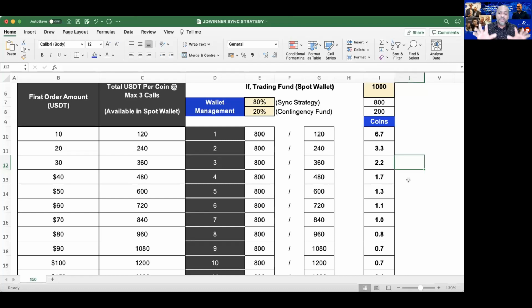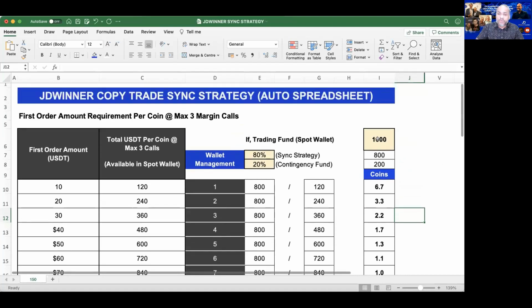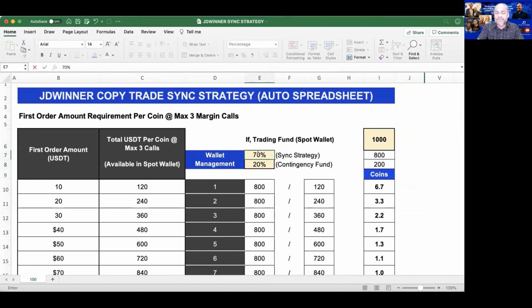All right. So I'm going to send this to each and every one of you, so that you can then decide. If you want to change all these numbers, you only change the yellow. Don't touch the rest because all the rest is already automated. So if you say, I don't want 80%, but I want to go for 70-30, you can change according to your own desired amount.